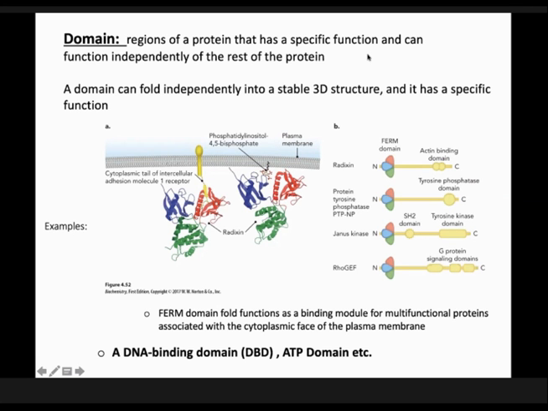It can function by itself because that's the part in charge of creating the interaction between DNA and the protein. Another very important domain is the ATP domain. So when you hear that, it's a segment of the protein in charge of that specific function, okay? So DNA domain, ATP domain, etc. It's very common.